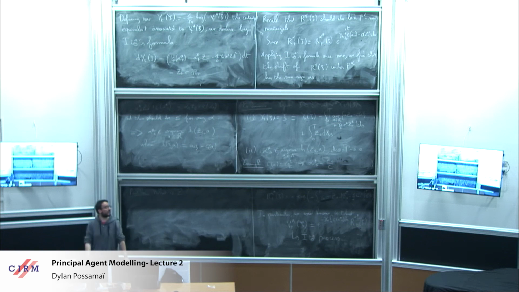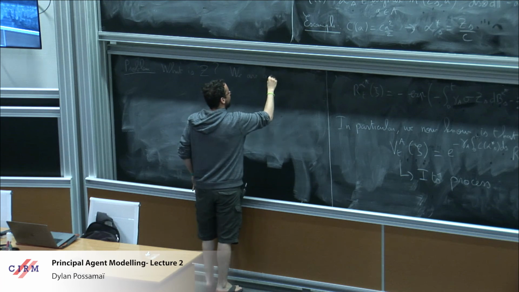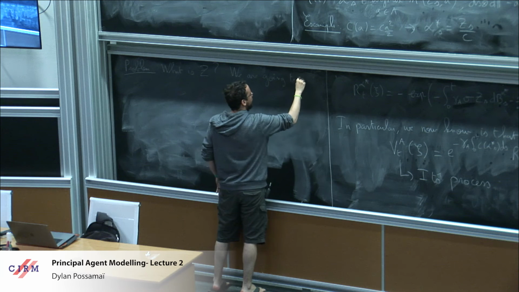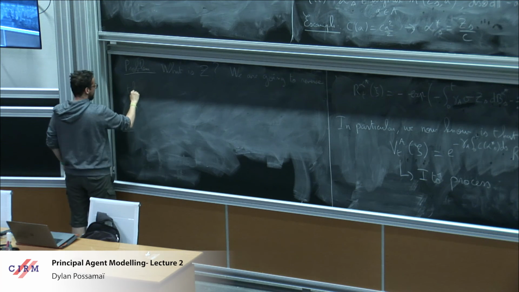But here I'm in a very generic framework. Things are non-Markovian. I don't know much about z. So because I don't know much about z, I'm just going to choose it myself. So we're going to reverse the problem.